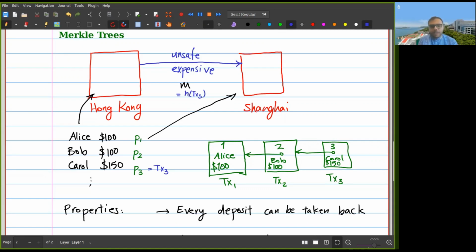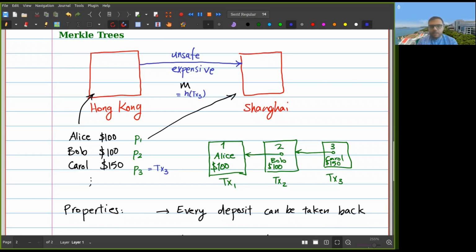And then the other branch just hashes it and checks if the hash of this transaction matches the hash that they received from Hong Kong. If it matches, then the Shanghai branch knows that Carol really made a $150 deposit in Hong Kong and then pays $150 back to her. But now let's see what happens in case of Bob. What happens if Bob wants to prove that he has made a deposit?